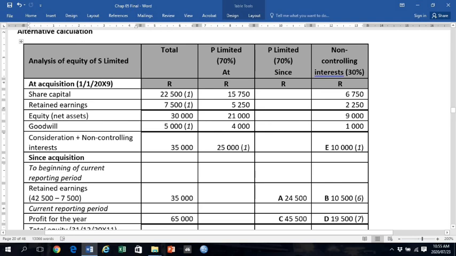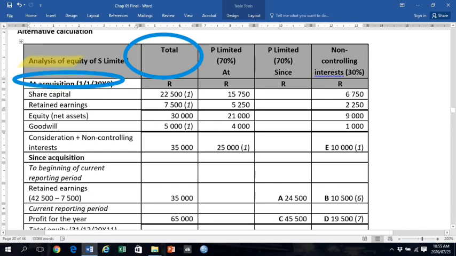We will now look at the analysis of equity, as it is a very helpful calculation when you have to present the consolidated statement of changes in equity. The purpose behind the analysis of equity is to analyze the total equity of the subsidiary. We have three very distinct periods.